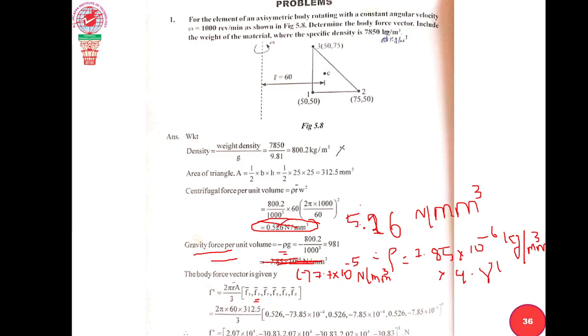Finally, we got Fr and Fz. Substitute them in the body force equation, and multiply by 2 pi r bar a by 3. I think you will not get this value, this is wrong actually. Please write it yourself.